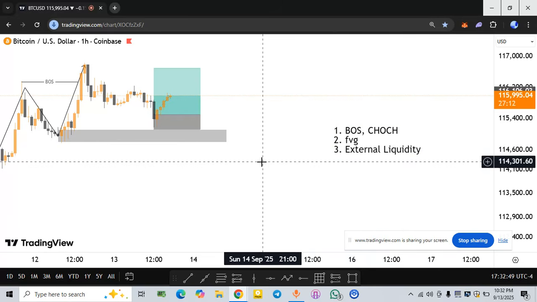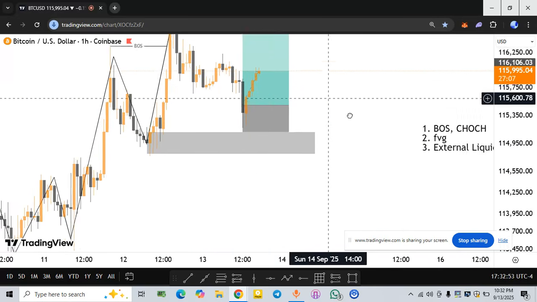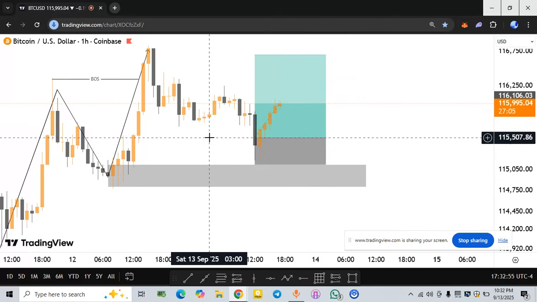So what this simply means is that you need a level in that structure where people place their stop loss, that price is going to pick, because price only does three things, right? It generates liquidity, it hunts liquidity, then it balances itself.